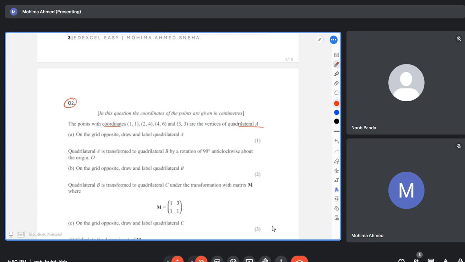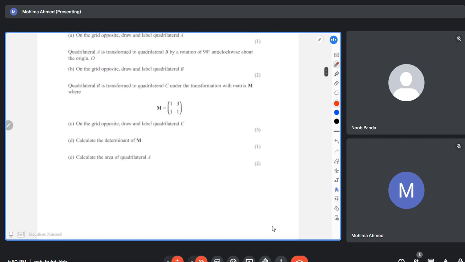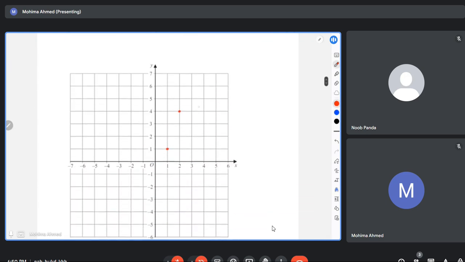Okay, so 1, 1, 2, 4. The other coordinates were 4, 6, 3, 3. Yeah, this is how the quadrilateral looks.